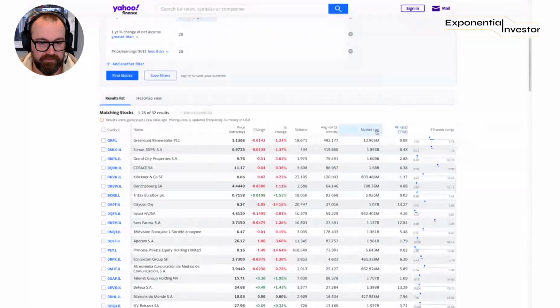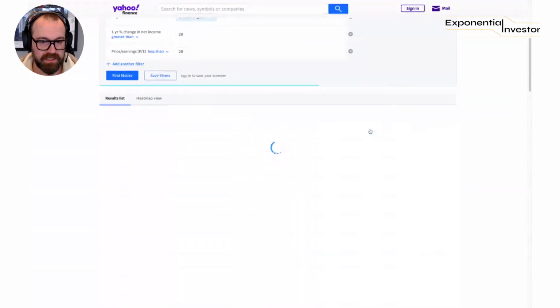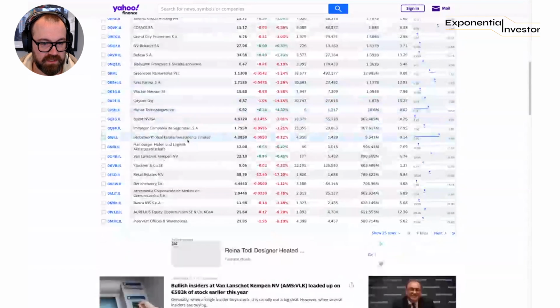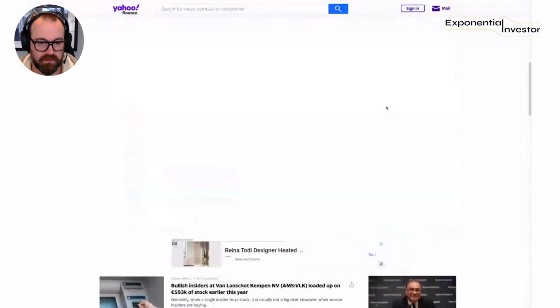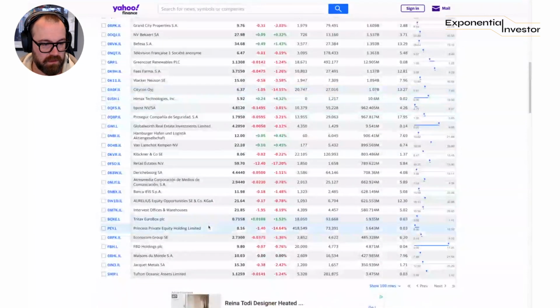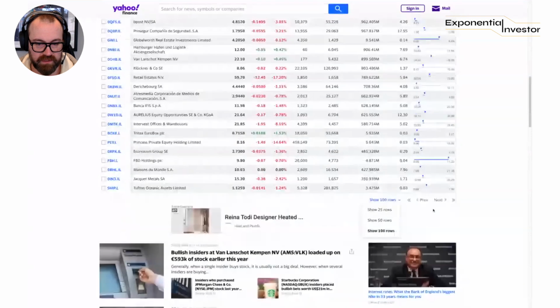If we then filter by market cap, let's go with the big stuff first. So what do you got? Real estate investments limited, no, not so much. Expand that out. Got some other companies here. I don't think it's necessarily pulled in the large cap stuff.